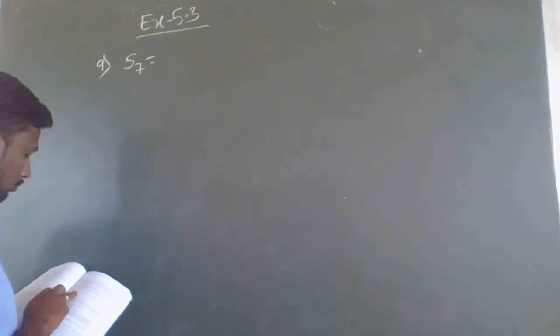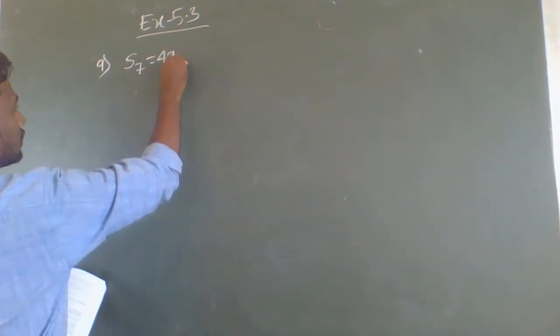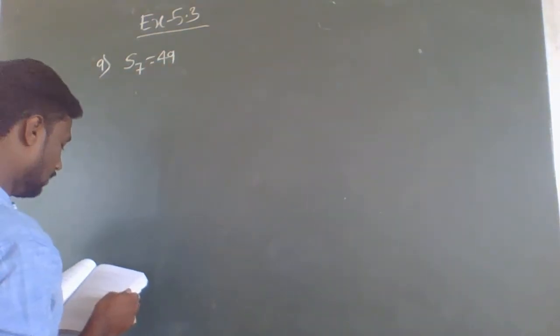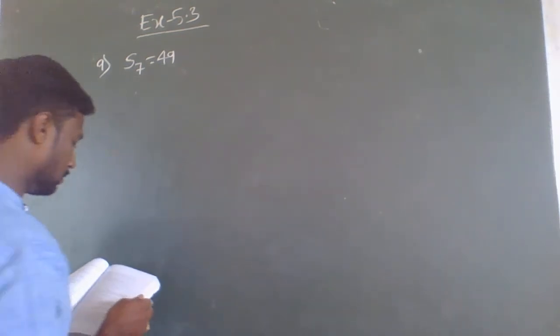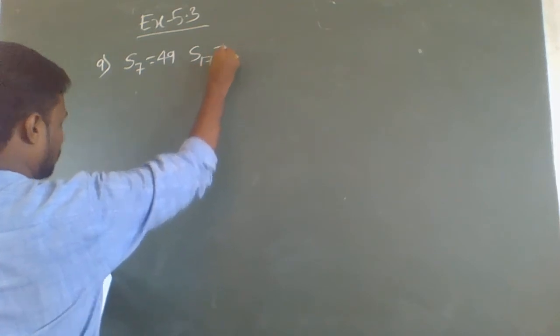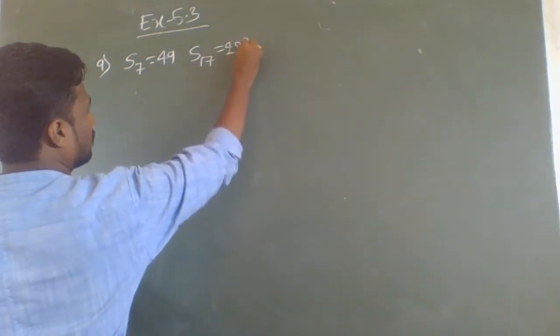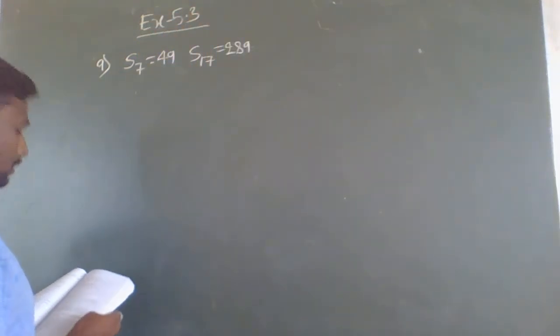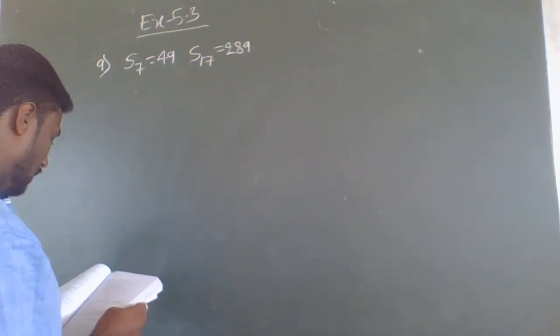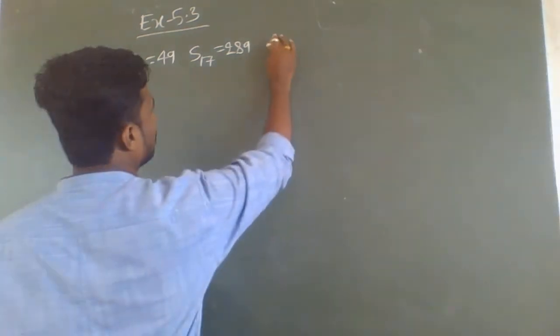The sum of the first seven terms of an AP is 49. S7 is 49, and that of 17 terms is 289. S17 equals 289, right? Find the sum of first n terms.